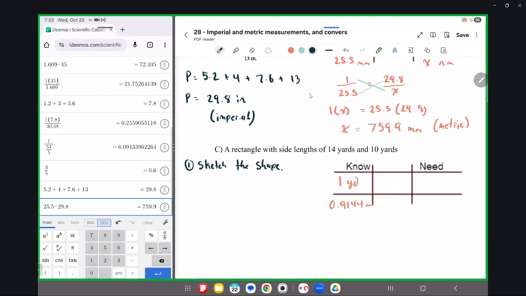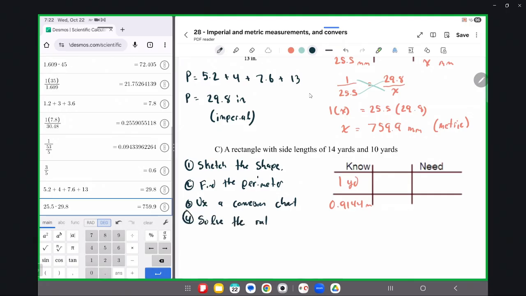And if I had to list out steps for this question: sketch the shape, find the perimeter, use a conversion chart, and solve the ratio.